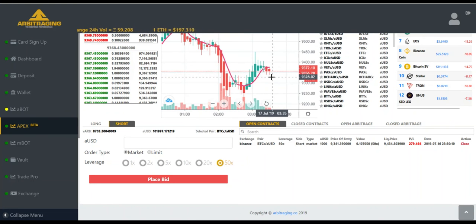Waiting for it to drop. Showing some indecision. Now the trend line is also going to be, this moving average is also support. So it might break above it, or it'll use it as support and bounce below it. That's what I'm hoping.